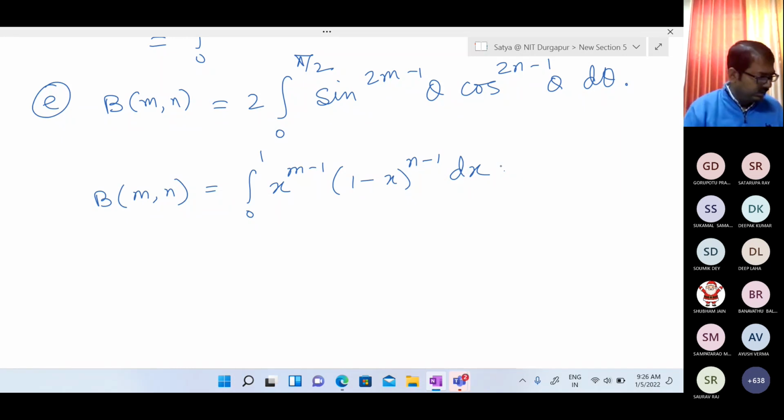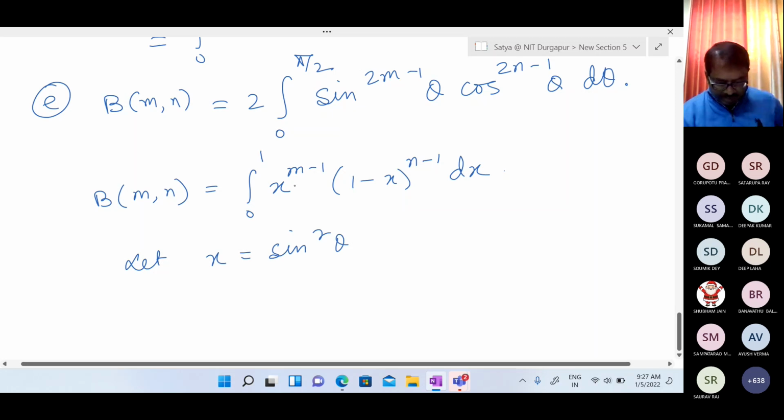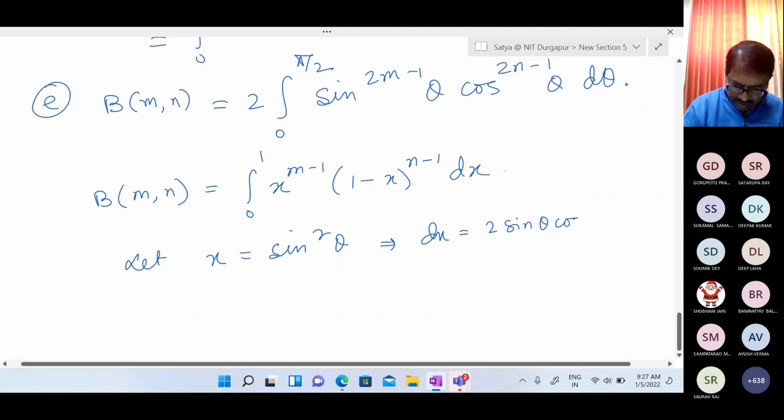So now we are taking x equal to, let x equal to sine square theta. We are putting it here, shifting. So now this implies dx equal to 2 sine theta cos theta d theta.